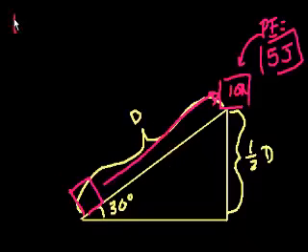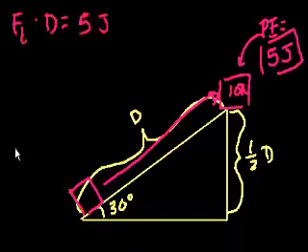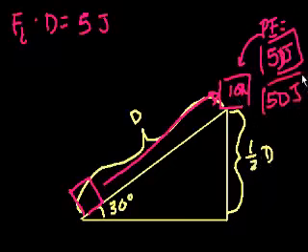Well, that input force times this distance has to equal the work. It's 10 newtons times the distance that we're up, and that's 1/2 d. So it's 5d joules. Sorry for confusing you.